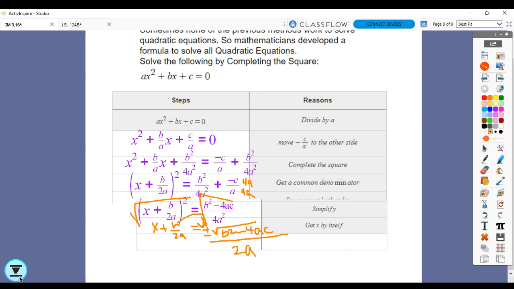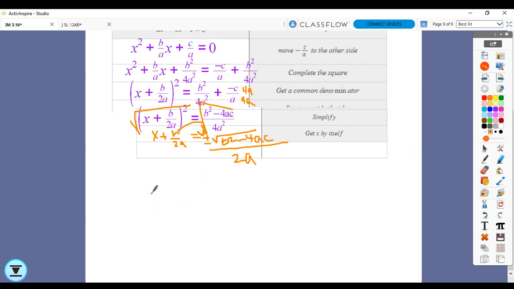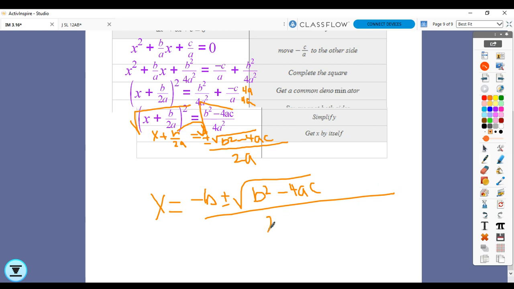And this is what the quadratic formula is. x equals the opposite of b, because we had to subtract it, plus or minus the square root of b squared minus 4ac, all over 2a. Some of you recognize this. You learned this back in algebra. So we're going to get into this tomorrow, the next day.